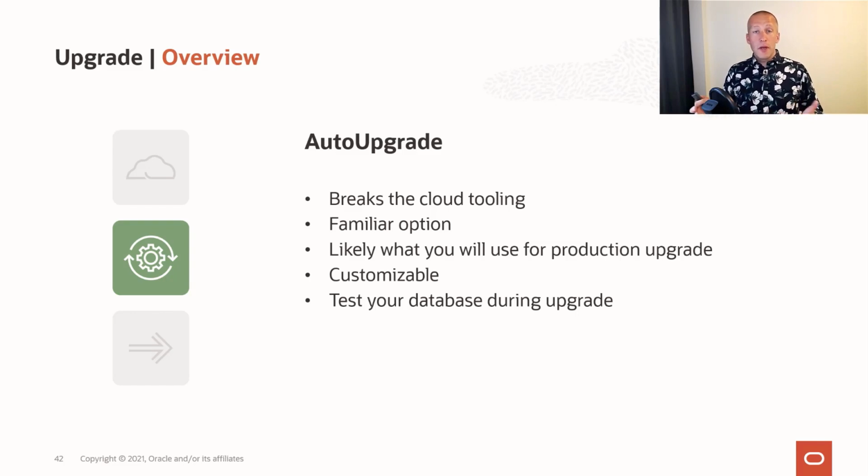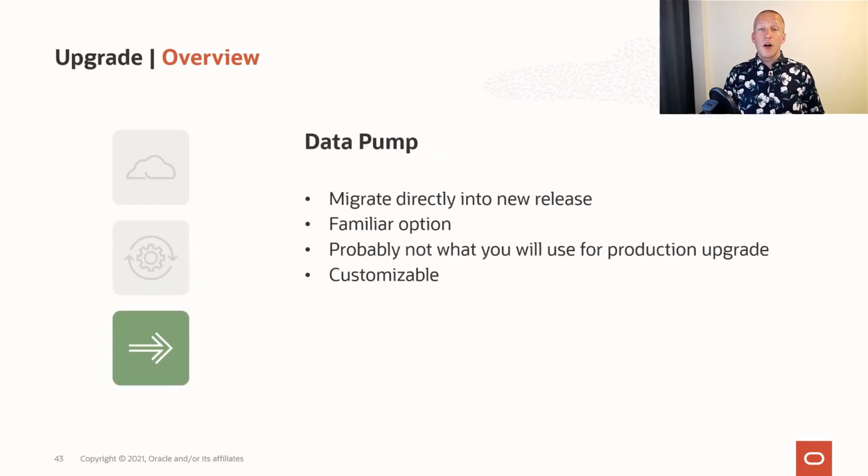But to many of you, auto upgrade is already a very familiar option, and it is very likely the option that you will use to upgrade your on-prem production database. So by using auto upgrade in the cloud as well, you get practice in upgrading that database.